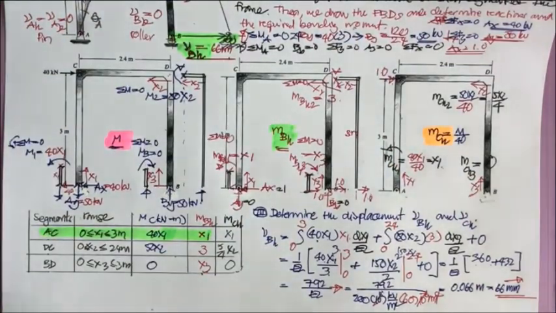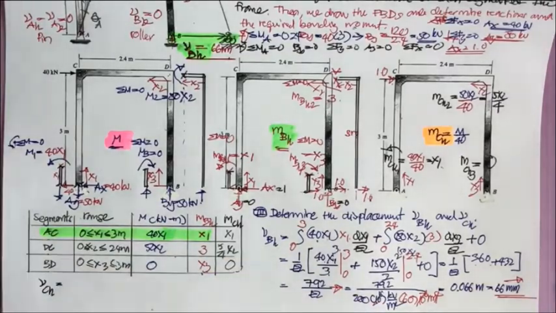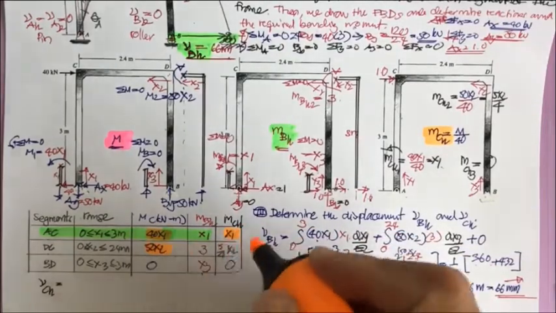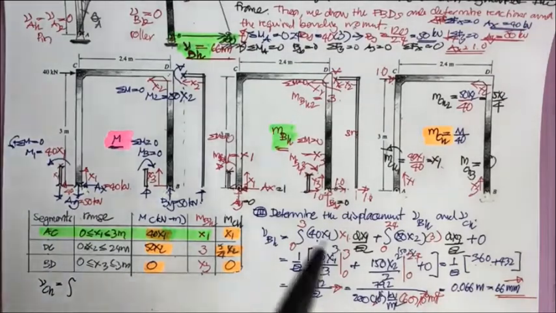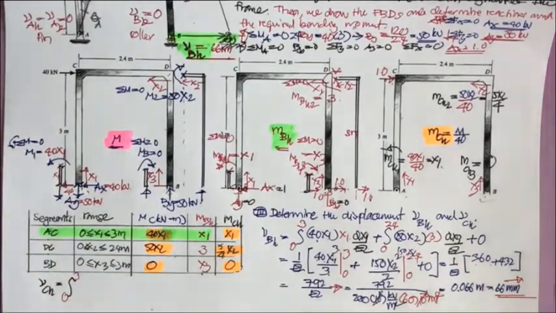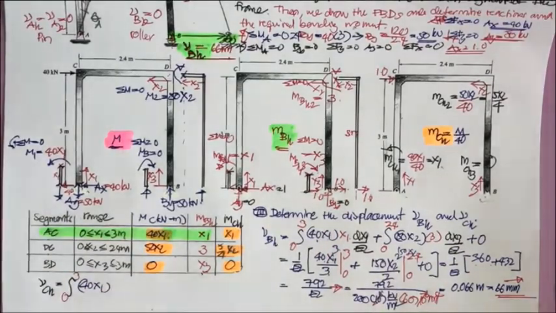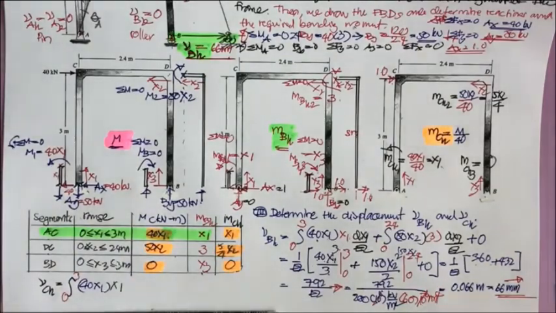The other one we compute is V sub CH, which is the product of this and this, this and this, this and this. We have the integral from 0 to 3 of 40x1 times x1 dx1 over EI.